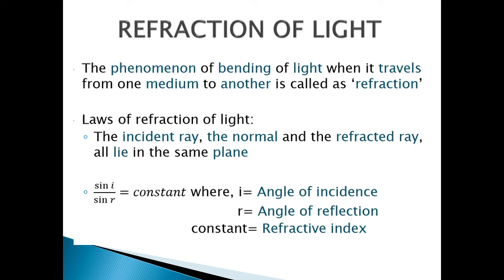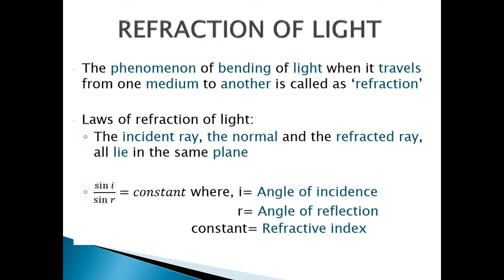Same as the laws of reflection, we have laws of refraction also. The incident ray, the normal and the refracted ray (the refracted ray is the bending ray) all lie on the same plane, and sin i by sin r is constant.